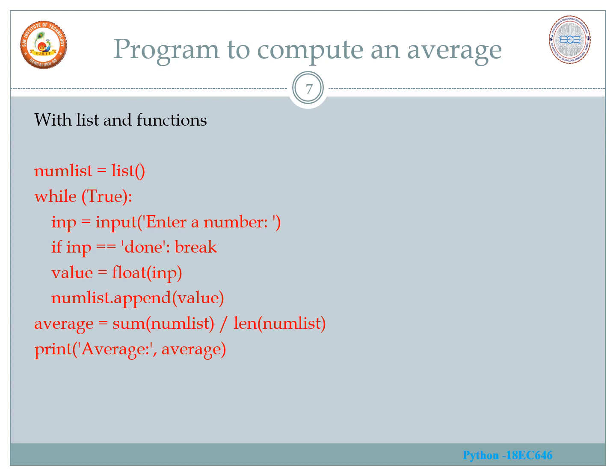This is the program where we are computing the average by using the lists and the function. When we are operating using the list and function, we directly use the built-in functions.